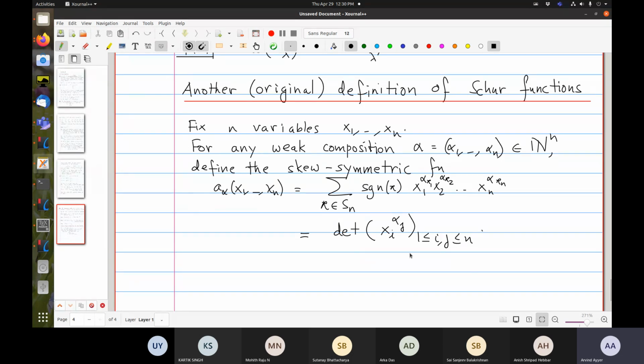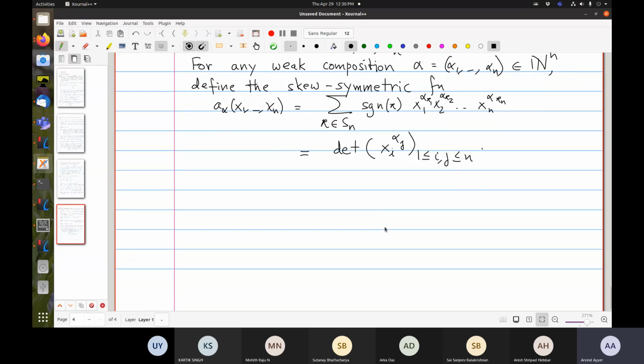So you can see immediately, either from the first definition or the second, that if any two indices are equal, you get 0, and otherwise, if I interchange alpha i and alpha j, I'll get a minus sign. So therefore, without loss of generality, assume that these are distinct, alpha 1 strictly greater than alpha 2, etc.